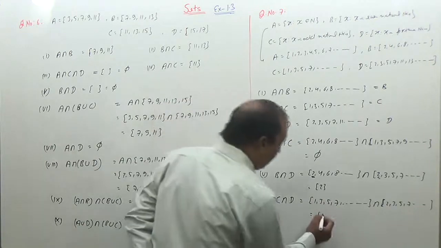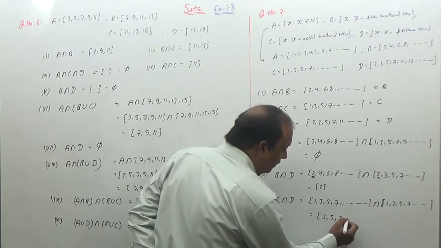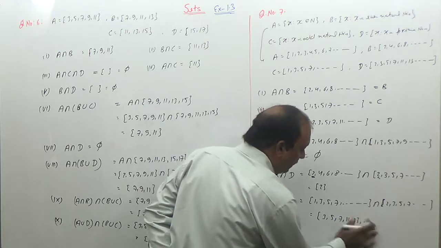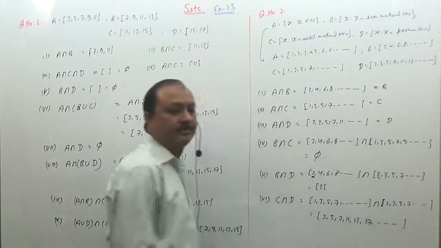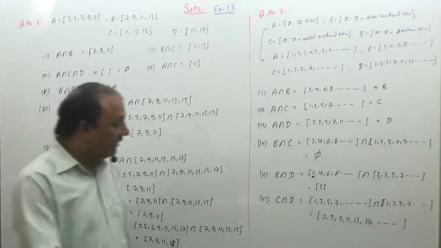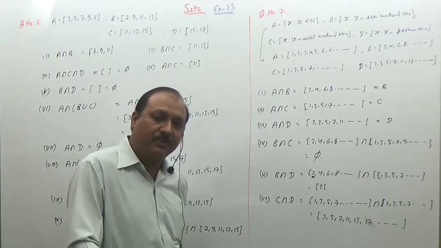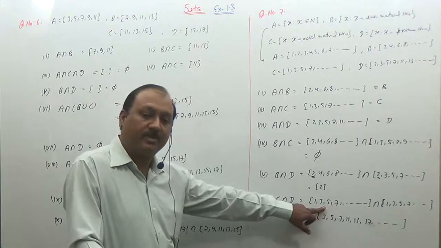We can say 3, 5, 7, 11, 13, 17 and so on. That is, odd prime numbers, since except for 2, all primes are odd numbers.